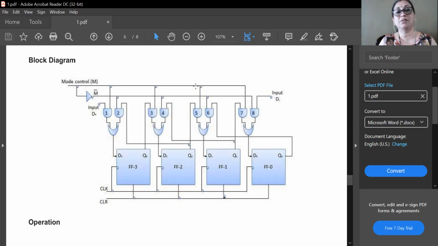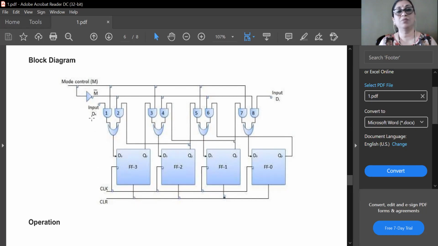So here what you can observe, additional logic is used for each D flip-flop. Okay, and again this logic uses two AND gates and one OR gate. Okay, so here mode control operation is used, and this mode control M may be either 0 or 1, and accordingly your shift register will operate.